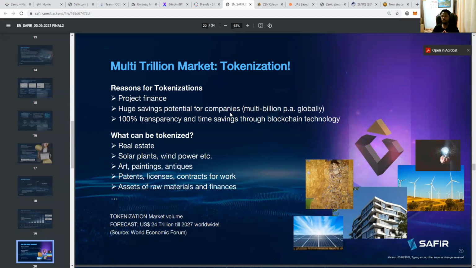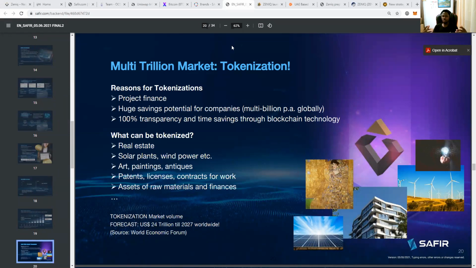You have real estate coming into tokenization, you have solar coming into tokenization, you have wind power coming into tokenization, art, painting, licensing, patent. In fact, name what you'd think of, it is coming to tokenization. Why? Because the blockchain is being adapted on a large scale, and it is the blockchain that is being considered to be used on this tokenization basis.